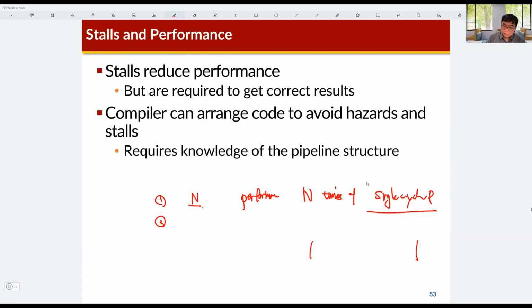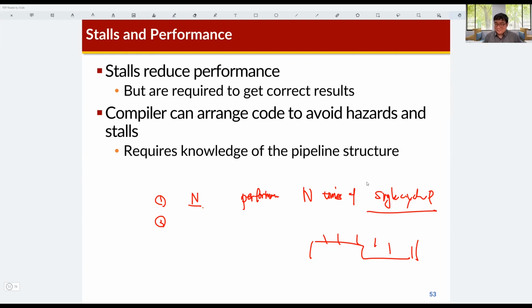Why? In the single cycle processor, one instruction completes its own operation within one clock. If we build an n-stage pipeline architecture, then we can divide the critical path of the instruction into n parts.